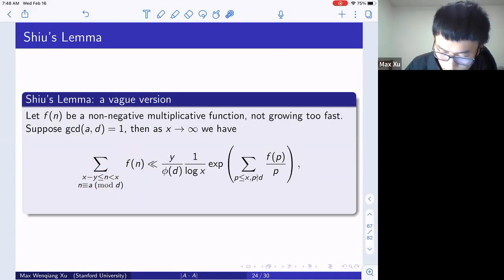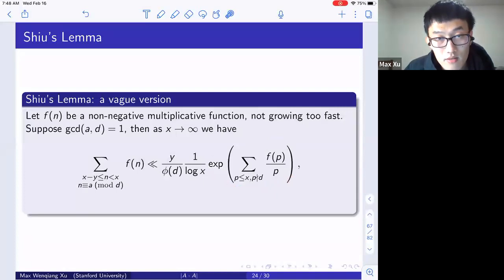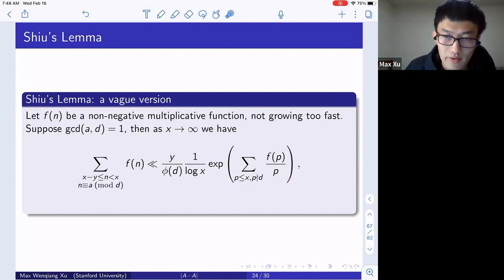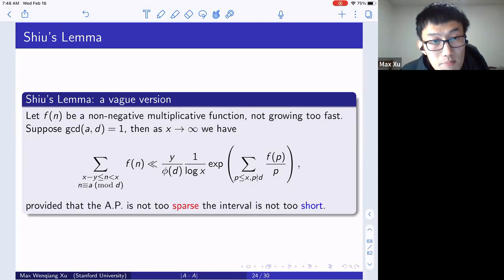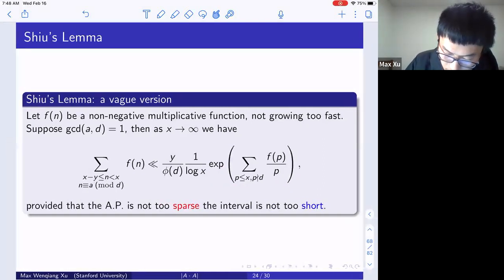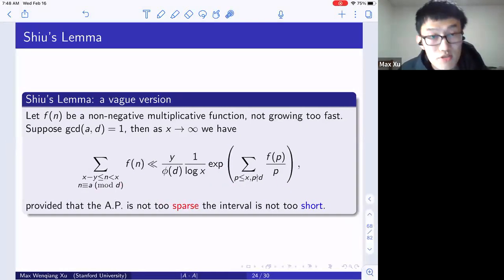This is bounded by, if we forget that d is small, roughly y over log x times the exponential of the sum of f(p) over p divided by p. This bound is actually pretty good. For example, you just plug in f equal to the constant 1, and this is good. But this cannot always be true. Suppose two things: the AP we are summing over is not too sparse, and the interval is not too short.